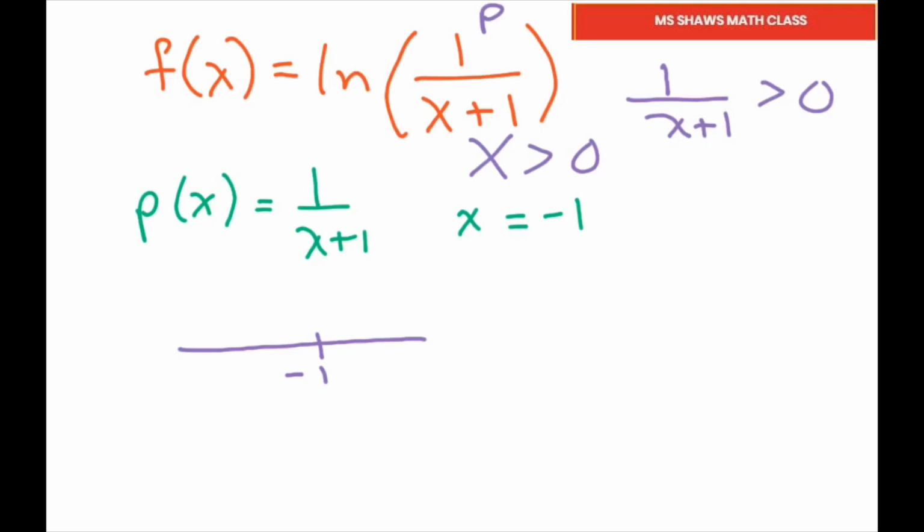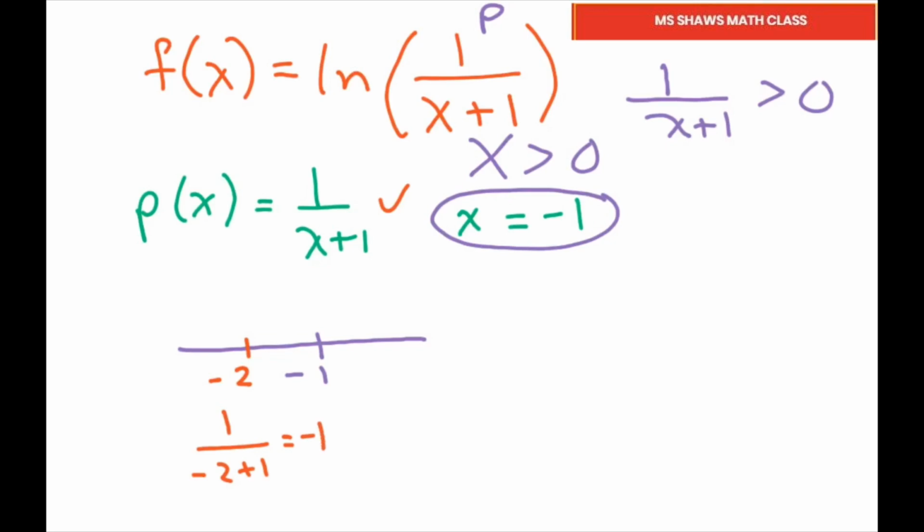So I know I can't use negative 1 because that's undefined. So let's see if I could use negative 2. If I test negative 2, when I plug in negative 2, I'm looking at 1 over negative 2 plus 1, this equals negative 1.